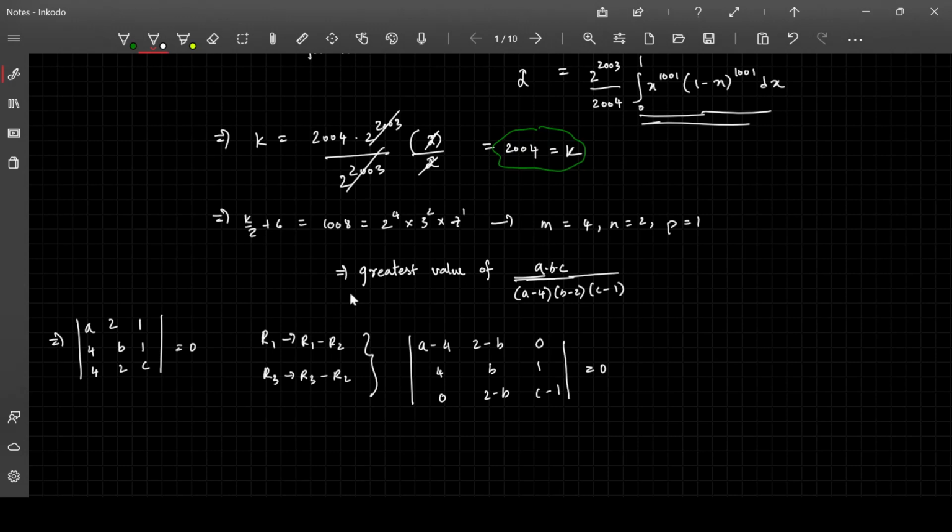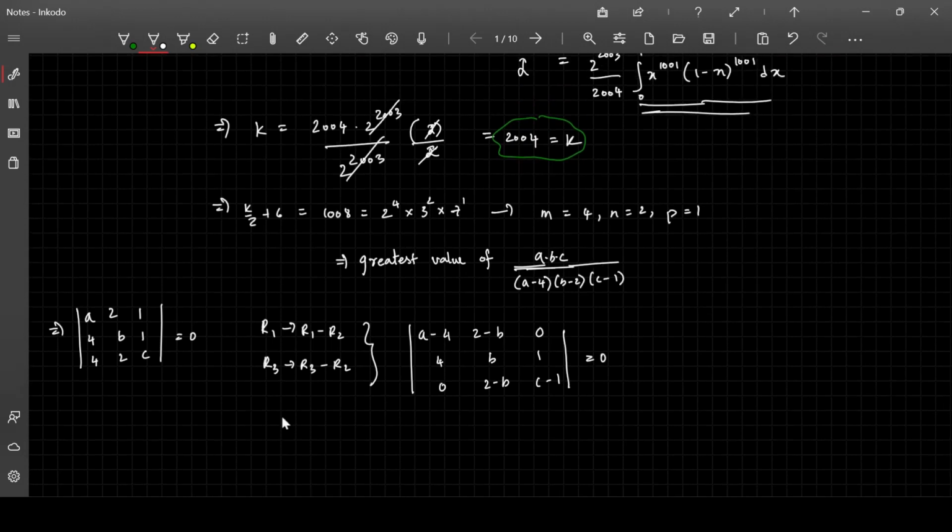Now let us expand it. This comes out to be (A minus 4) times [B into (C minus 1) minus (2 minus B)]. And the other term, in the second row, second column, (2 minus B) into 4 into (C minus 1) minus 0. This is equal to 0.